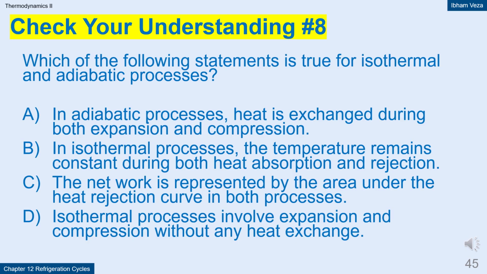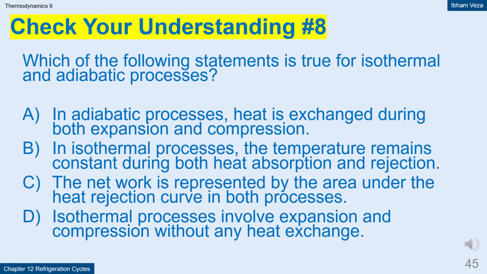In an isothermal process, heat is absorbed at constant temperature during expansion, 1-2, and rejected at constant temperature during compression, 3-4. C. The net work is represented by the area under the heat rejection curve in both processes. This is incorrect because the net work is represented by the enclosed area between the heat input and rejection curves, not just the heat rejection curve.